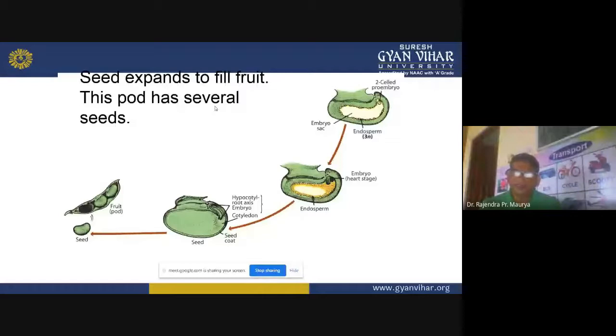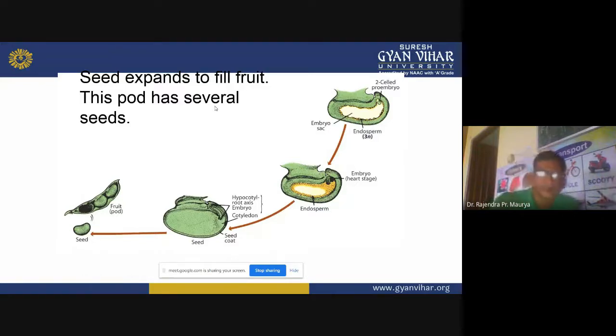So we can say that is the part of the seed: embryo, seed coat, and endosperm. So the embryo is important, because with no embryo, what will germinate? So the embryo plays a very important role. In case of germination, we have the hypocotyl, root axis, embryo, cotyledon, seed coat, seed, etc.